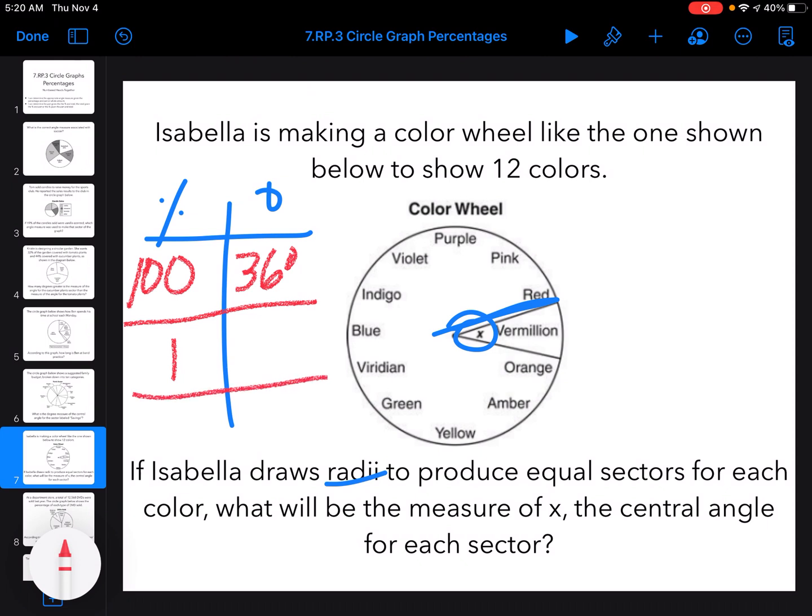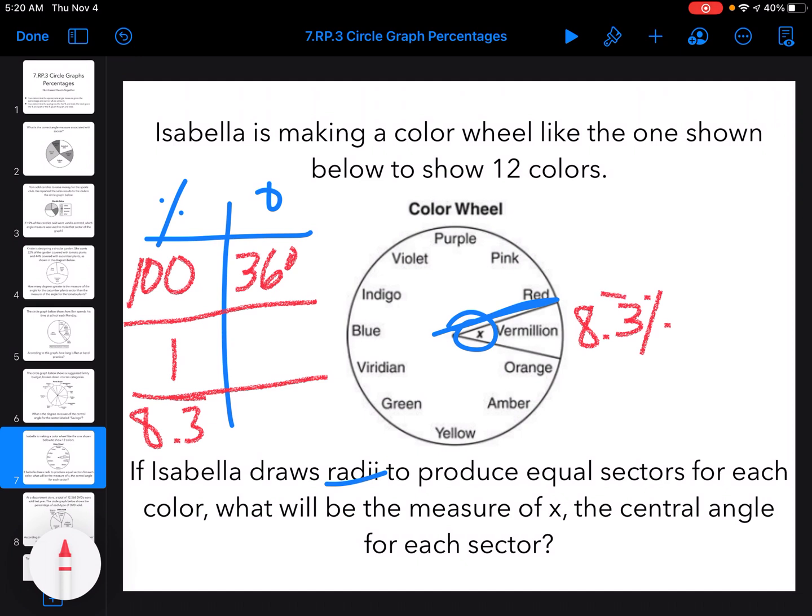And I want to find 1/12 of this. So I'm going to actually do 100 divided by 12 to find out what percentage I'm finding. 8.3% repeating. Okay, so I'm finding 8.3% repeating, because if I take 100% and I divide by 12, this would be 8.3% repeating.